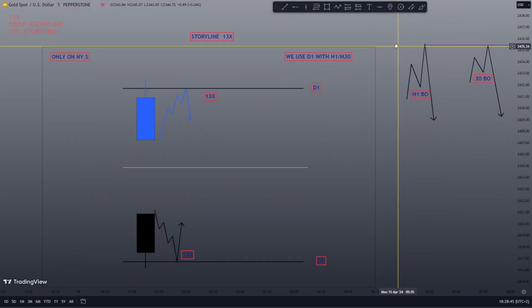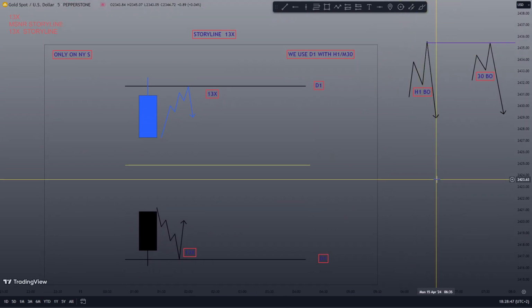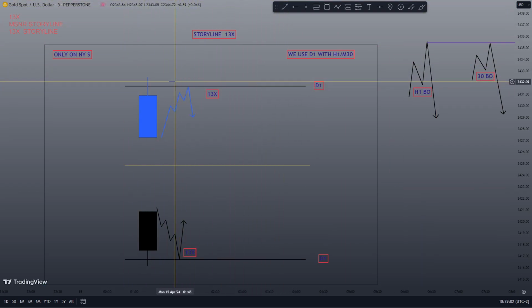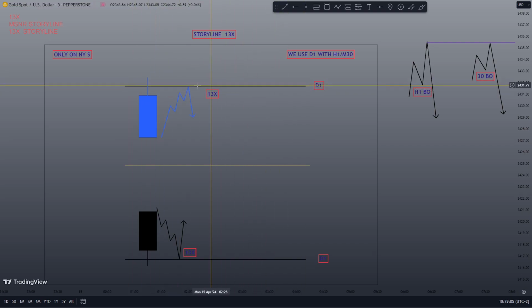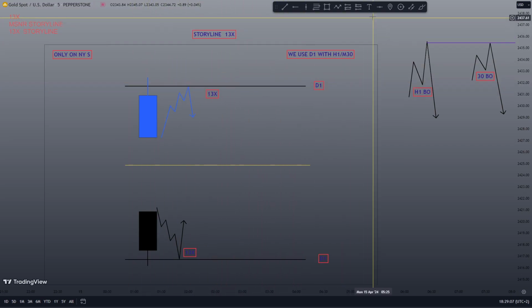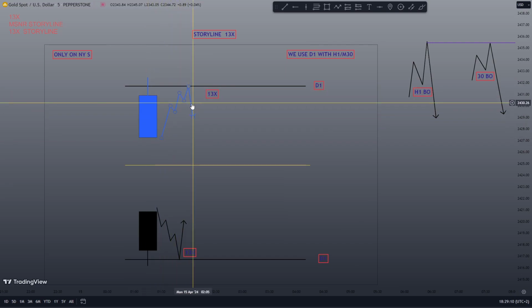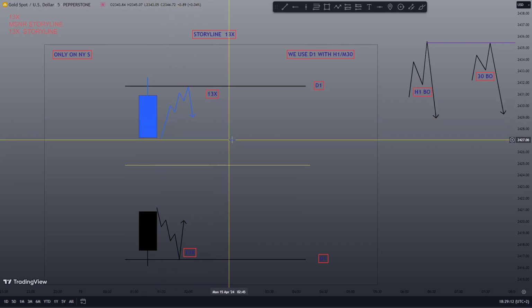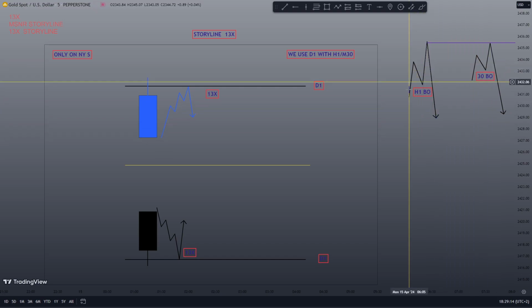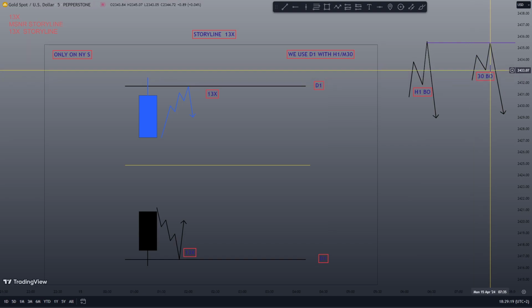For the 13x storyline, we need a daily level, and we need H1 and M30 time frames. So we need to have a daily fresh level. The price is coming to our daily fresh level. We need to see one of those, H1 breakout or M30 breakout.